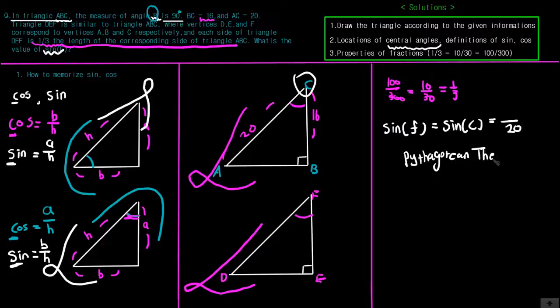We know the Pythagorean theorem is a squared plus b squared equals c squared, where a and b are the legs and c is the hypotenuse. We know the value of either a or b, except for the hypotenuse. And a, we're going to call it the given side, which is 16 squared.